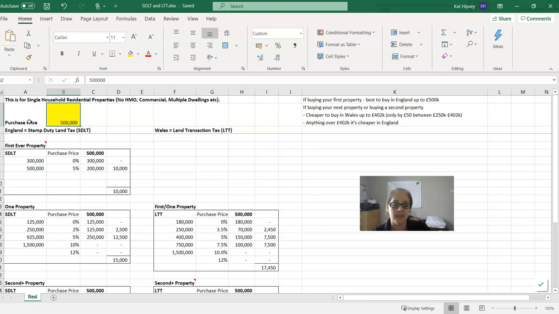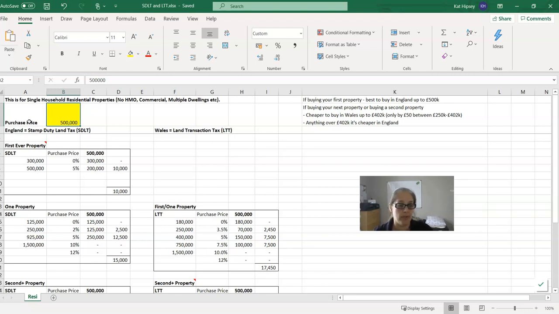For commercial, HMO, or multiple dwellings, say you're buying a block of flats or five houses at a go, there are lots of different rules, so you need to get specialist advice or do your homework. What I'm going to talk about today is residential single-use properties, typically occupied by a single household.